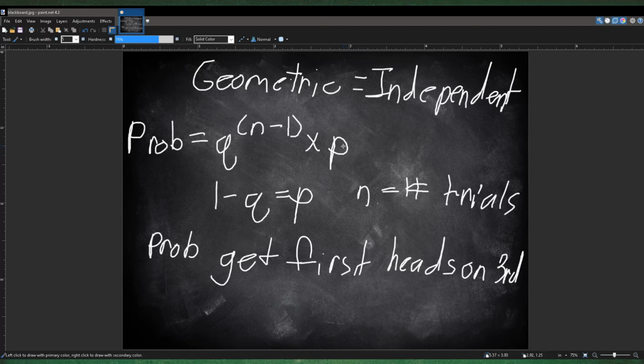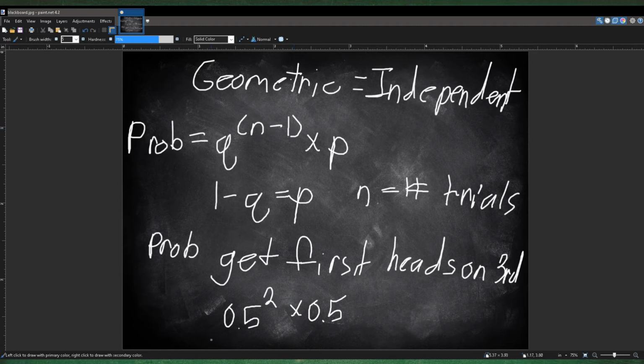So p is the heads, times 0.5. That's the probability that you get it. And it's raised to nothing, so it's raised to the power 1, so you don't have to do anything. q is just 1 minus p, so it's 1 minus 0.5, which is 0.5. In this context, it basically means the probability of getting tails. And the 3 is the number of trials because it's the third. So 3 minus 1 is 2.